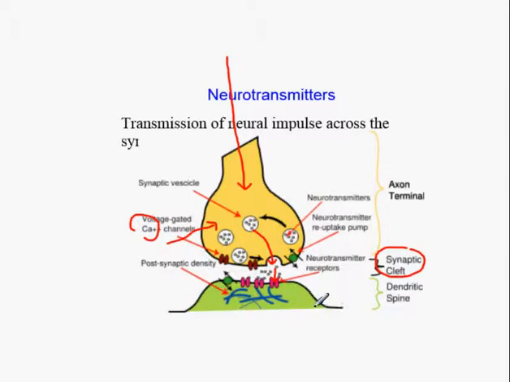Maybe this is another nerve, for example. That causes sodium to enter, which depolarizes this postsynaptic neuron and causes a new action potential to get started. So this is electrical, chemical slow, and then electrical fast again.